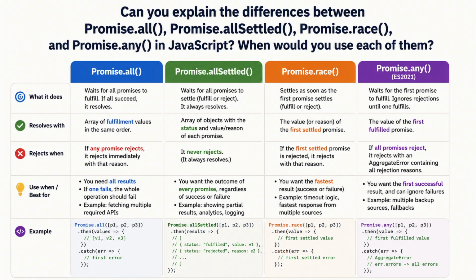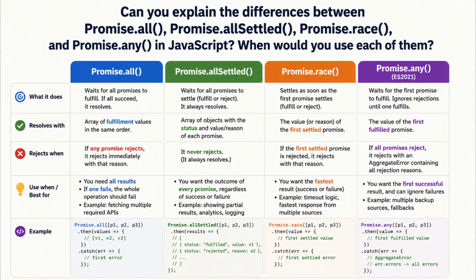So Promise.all: you have multiple promises, so either it will execute all the promises, or if a single promise fails, then all promises will not execute. This is Promise.all. Promise.allSettled, no idea about the others.